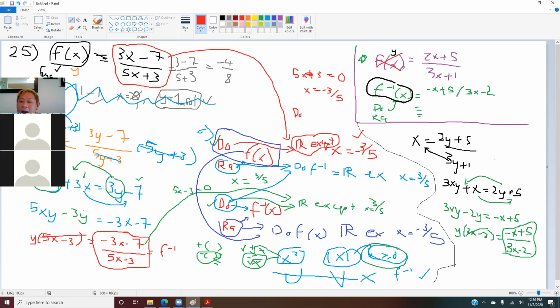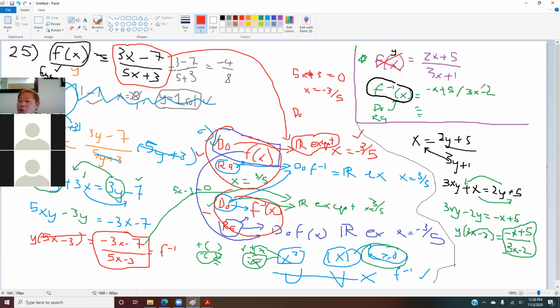I'm not interested in the domain and range of the original function. In my test, I'm not always asking you to find the domain and range for both the inverse and the original function. Sometimes I just want one, sometimes I want the other one, sometimes I want both. So read the question carefully to see which one I need. So this one, I just need the inverse function.